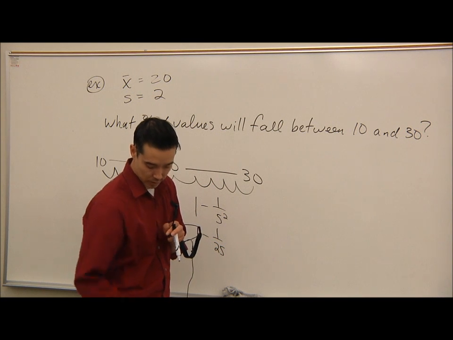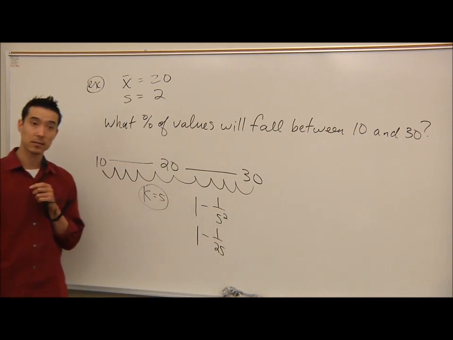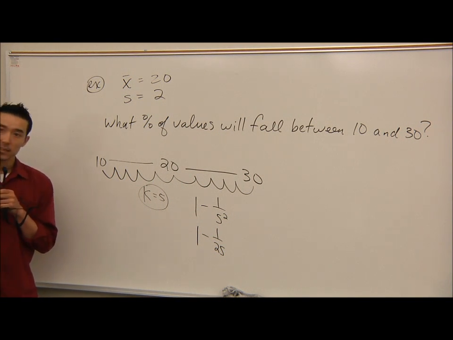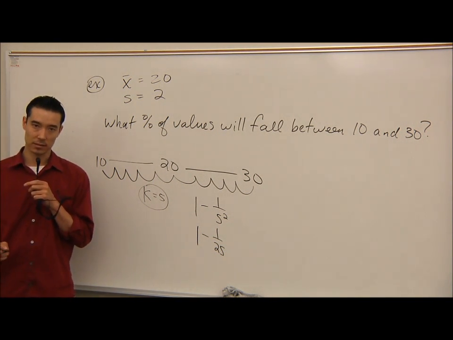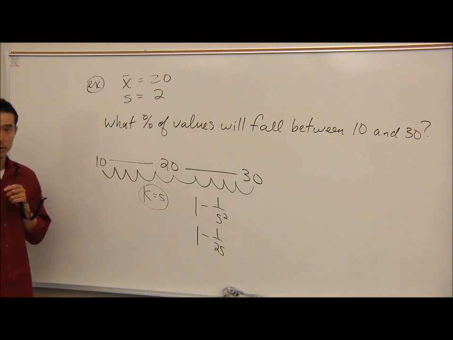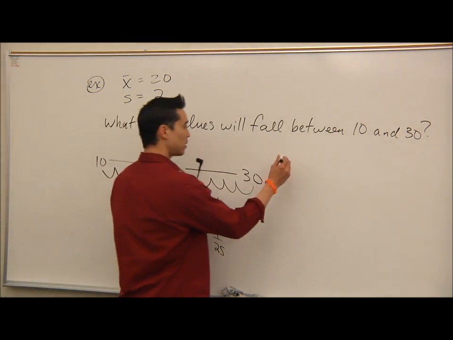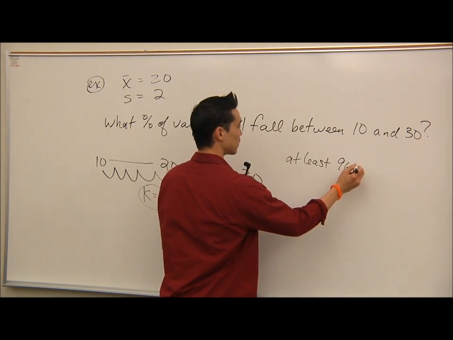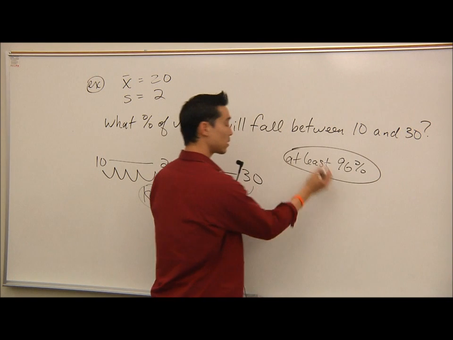And you get 0.96. Okay? So the answer to this question is at least 96% of the values fall between 10 and 30. Okay? So your answer is at least 96%. Any questions on doing that problem?